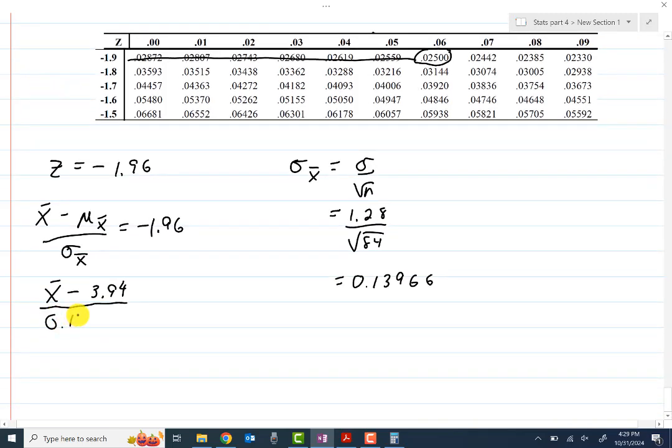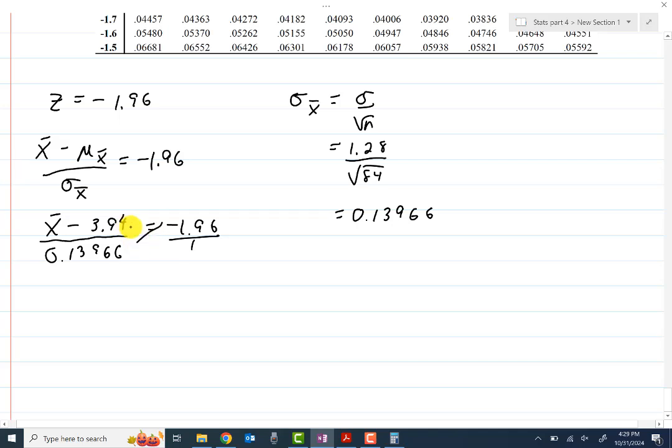So now that I got that, 0.13966 equals negative 1.96 over 1. Cross multiply. Let me keep consistent with my notation here.